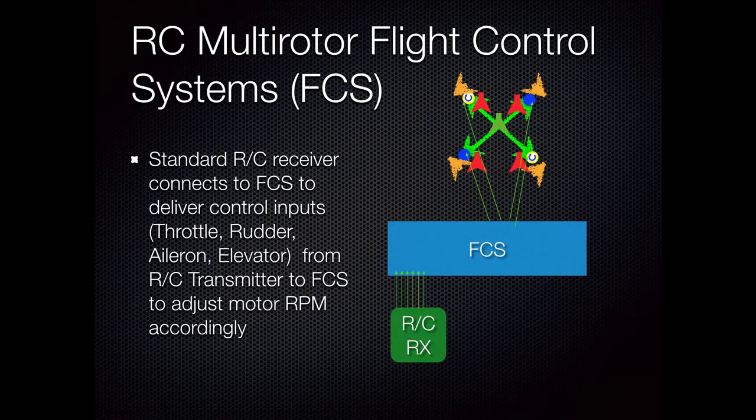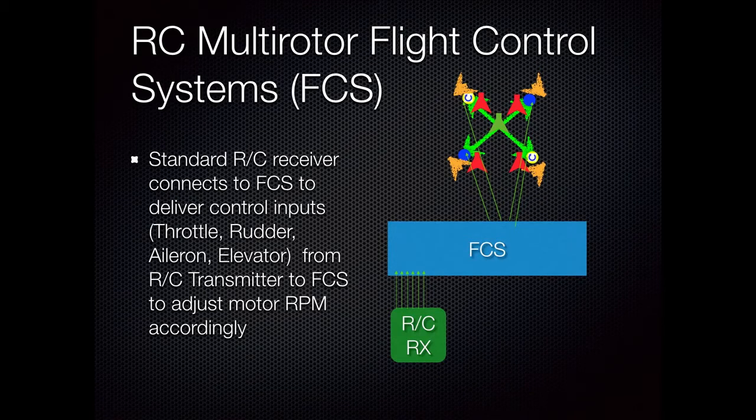What that does is it takes the signals that are transmitted by your Mode 2 transmitter that you hold in your hand, receives them, and passes those as inputs to the flight control system, so that when you give it a pitch forward command with your right stick, the radio control receiver sends pitch forward information on the appropriate channel to the flight control system.